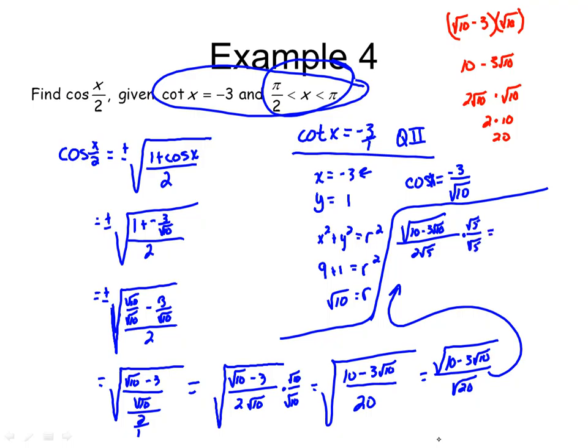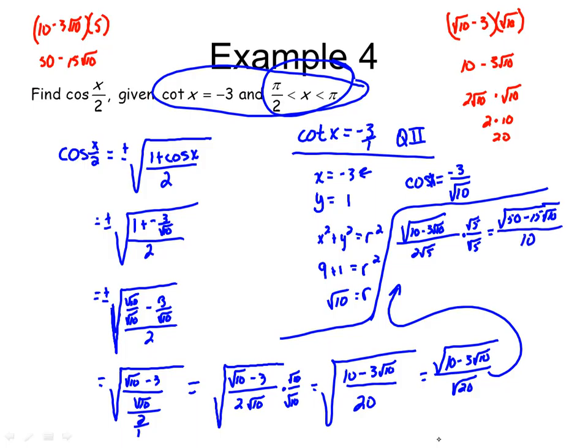And so, again, you're going to have 10 minus 3 square roots of 10 times the square root of 5. That's what you're going to do. Alright, so you'll have 50 minus 15 square roots of 10 over 10.